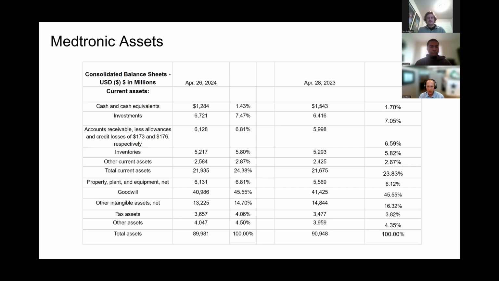As you can see, goodwill and the other intangible assets are probably most significant by percentage, with those two combined accounting for about 60% of their total assets. Goodwill is essentially an intangible asset itself, so a good chunk of their total assets are tied up in some type of intangible assets.